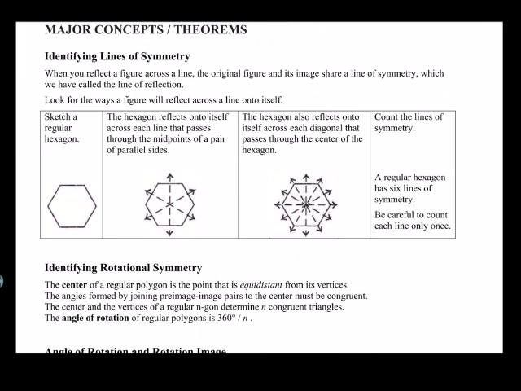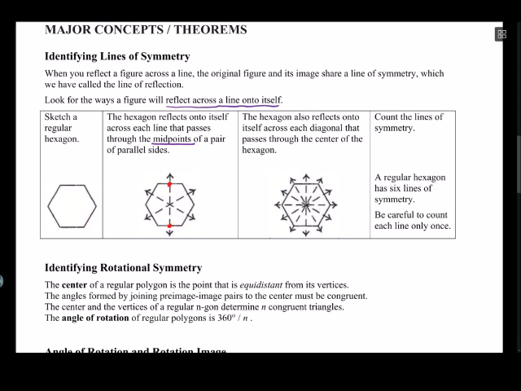Our major concepts for this lesson: how do we identify lines of symmetry? So we are going to look for ways that the figure will reflect across a line onto itself. The hexagon here will reflect onto itself across each line that passes through the midpoints of each pair of parallel sides.